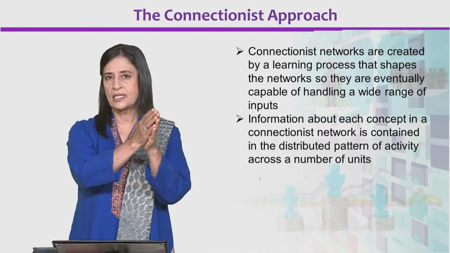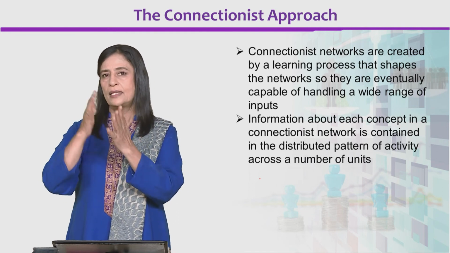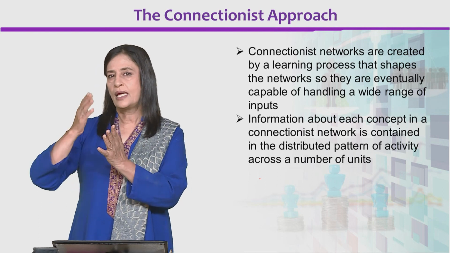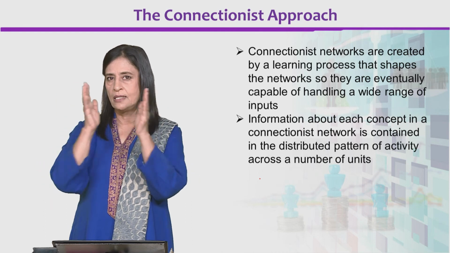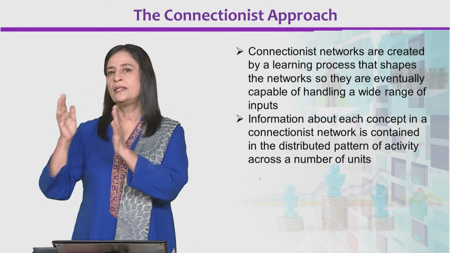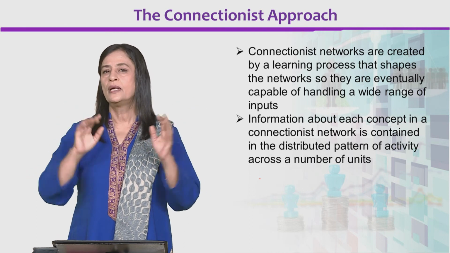Canary is the concept, its representation is can, and then the property, which is can it swim, can it fly, and so we see that it is distributed across the network in these different units.